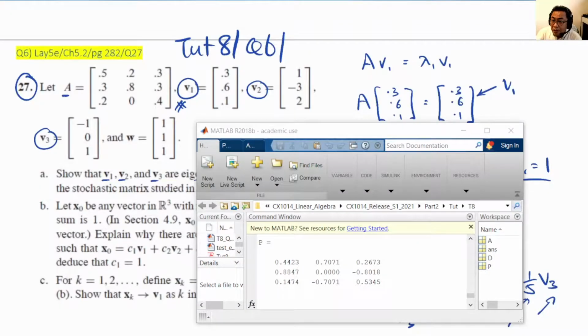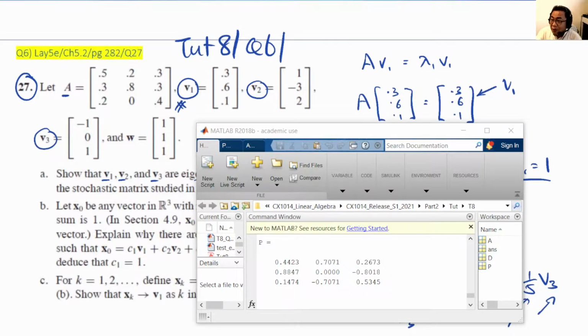If you compare P1 with V1, and you compare P2 with V3, and you compare P3 with V2, you will realize that the P's are normalized versions of V1, V2, and V3.